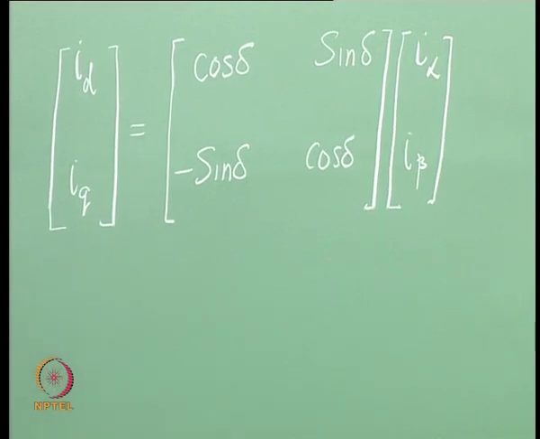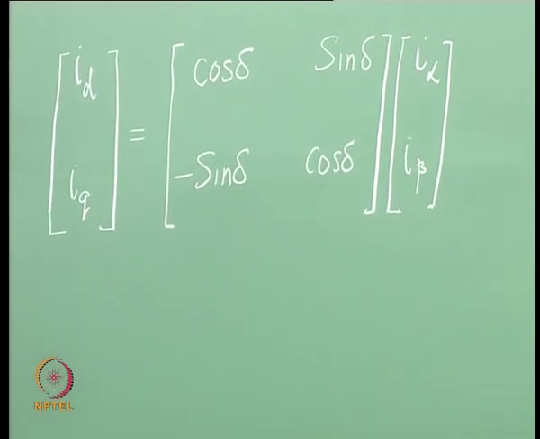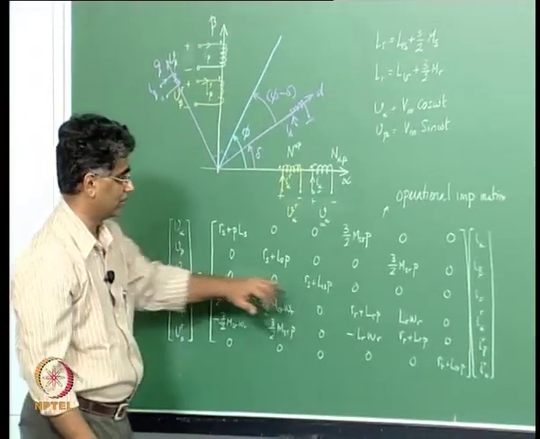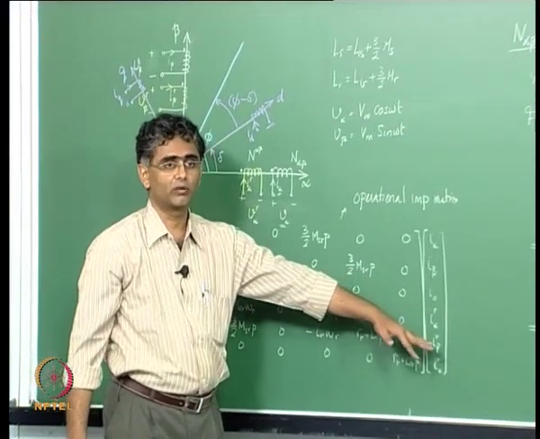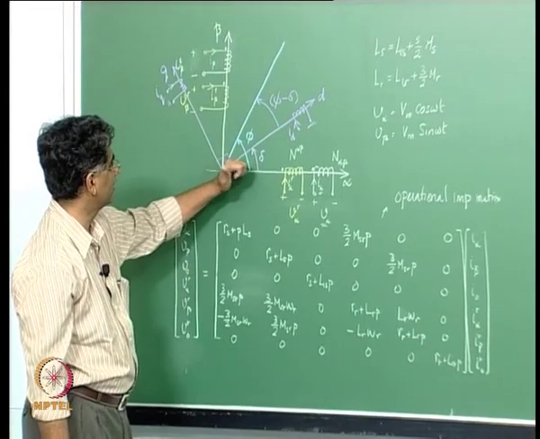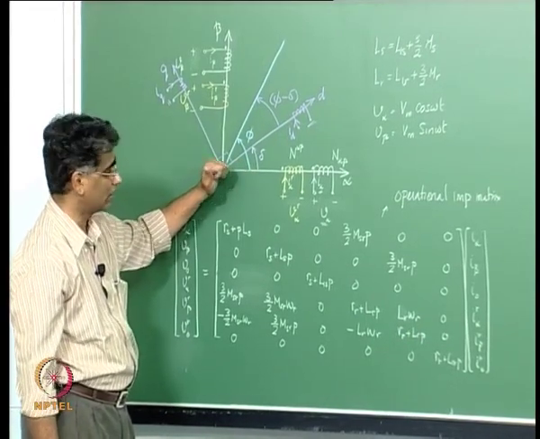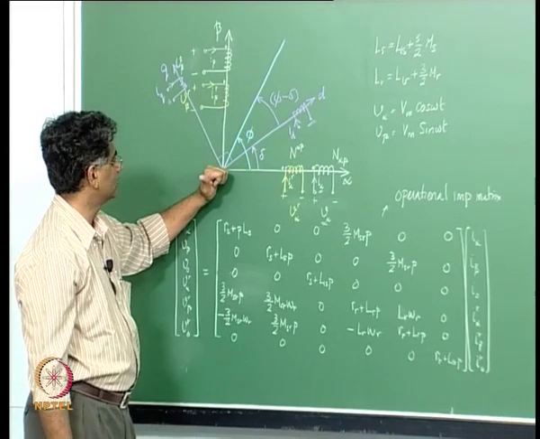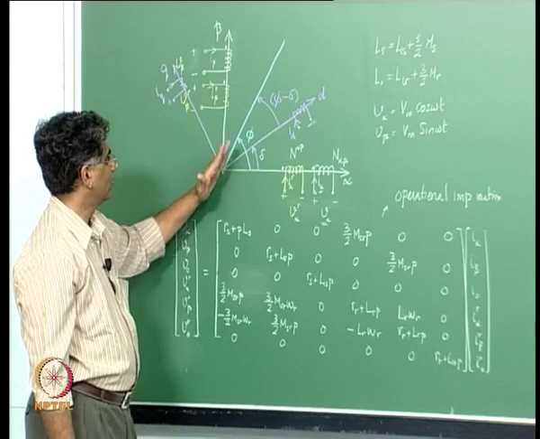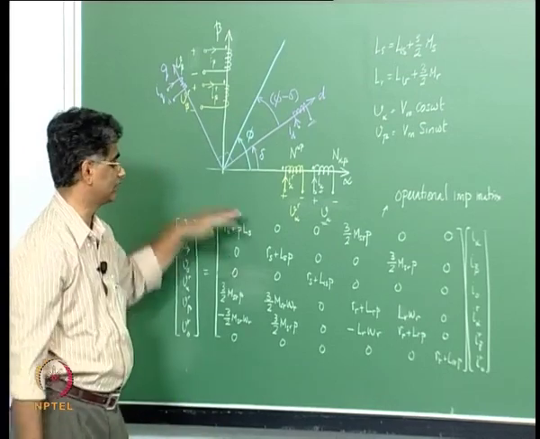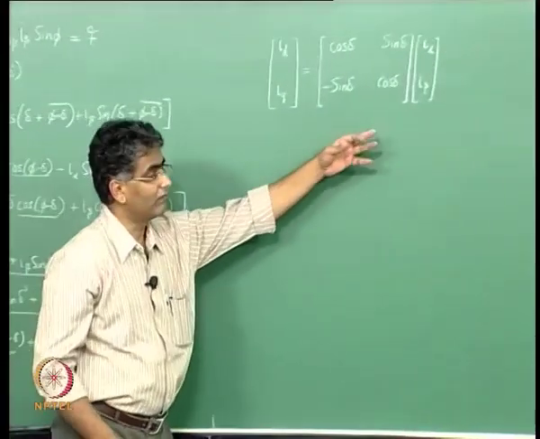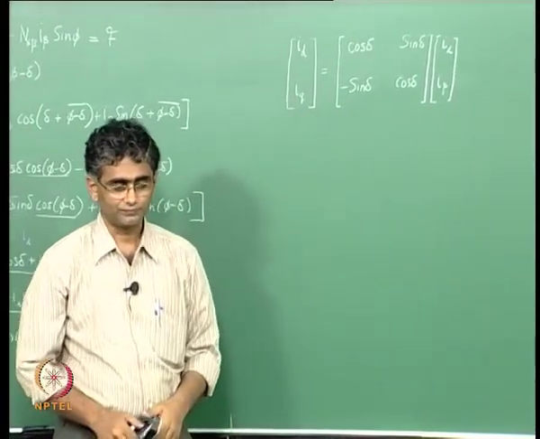We are doing this only to the alpha and beta terms, we are not doing anything with respect to the 0 sequence term. The 0 sequence term, as we saw some time back, is deemed to be along an axis that is 90 degrees to both alpha and beta, that means out of the plane, and that is not really going to affect the MMF here because this angle is equal to 90 degrees, that is on a different plane, and therefore we transform only the alpha beta to this dq.